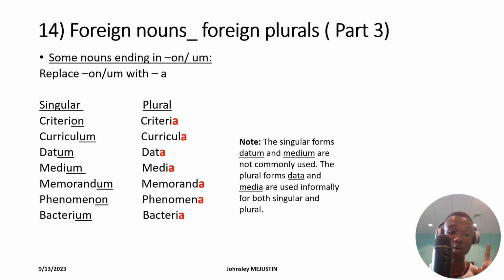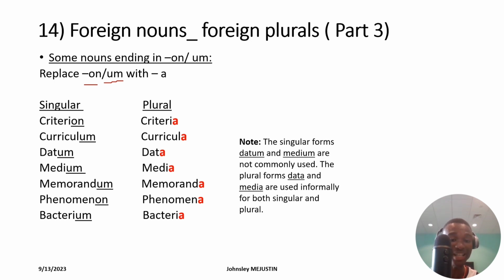So number 14, some foreign nouns. This is part 3 with foreign plurals. Some nouns ending in on or um, what you do is you remove the on or um and you replace it with a.